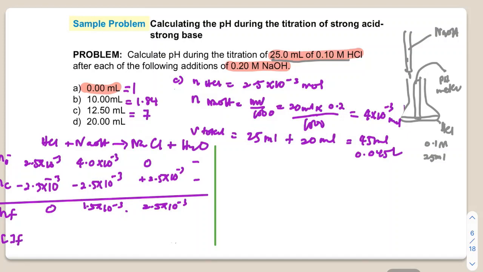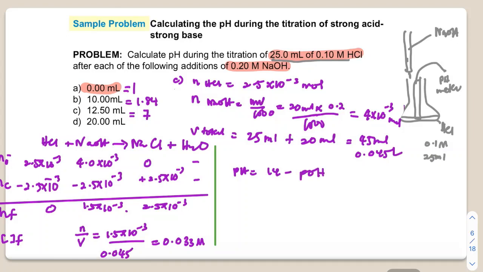We can calculate the final concentration, which is equal to n over V, which is 1.5 times 10 negative 3 over the total volume that we have calculated, 0.045. So it is equal to 0.033 molar. So this is the concentration of the sodium hydroxide left in the conical flask. We can calculate the pOH and also pH. So pH is equal to 14 minus pOH.